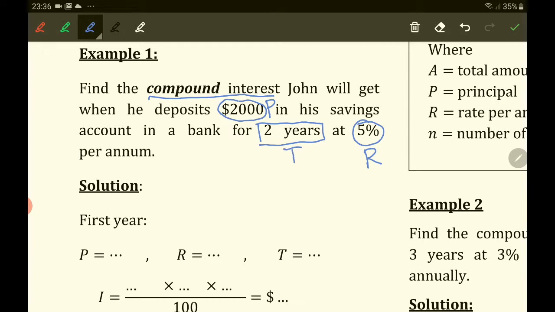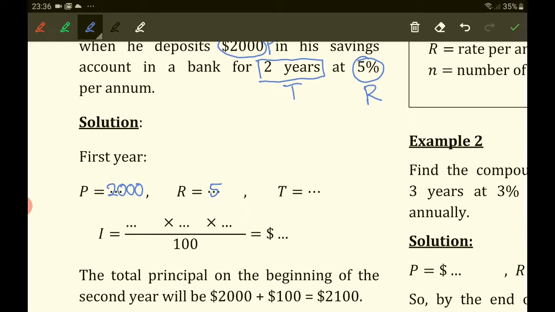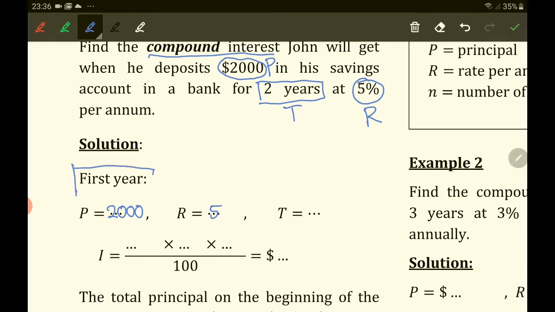Now just substitute into the equation. P, the principal, is 2,000, the rate is 5, and T. We have to be careful with T because we're looking at the first year. Now let's calculate the interest in the first year.